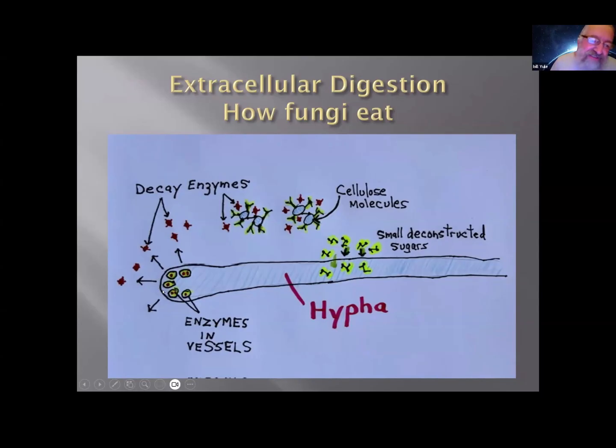And some of these little vesicles are going to have enzymes that go out into the substrate. Here, more of those lignocellulases that are going to decompose cellulose and hemicellulose and even lignin to make it into small sugar molecules to absorb through the cell wall into the hyphae to feed the fungus.